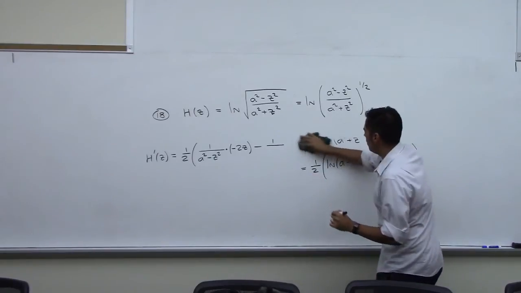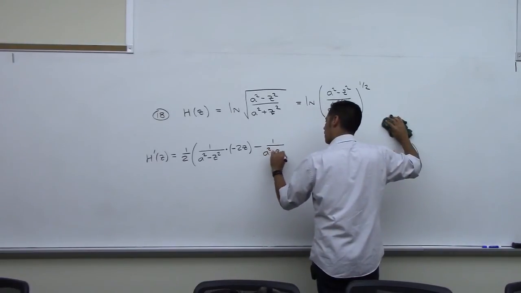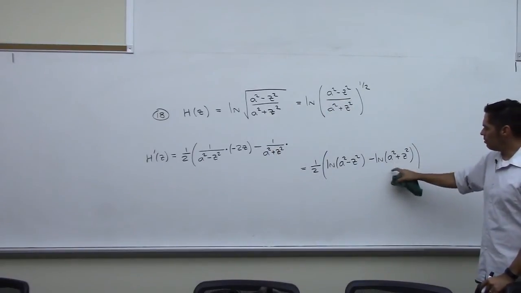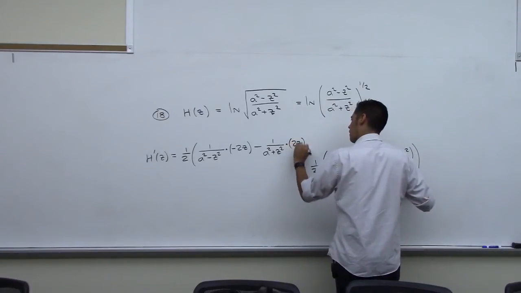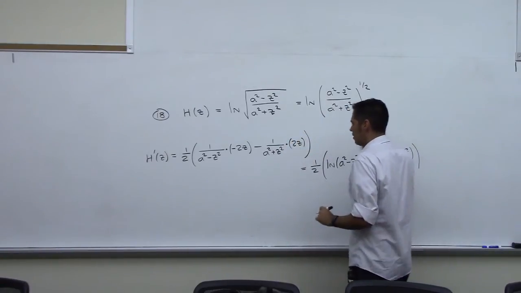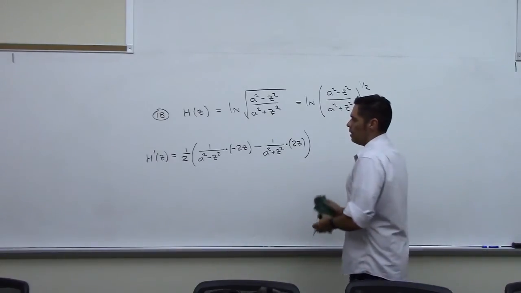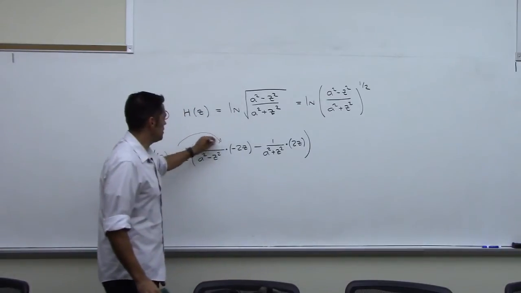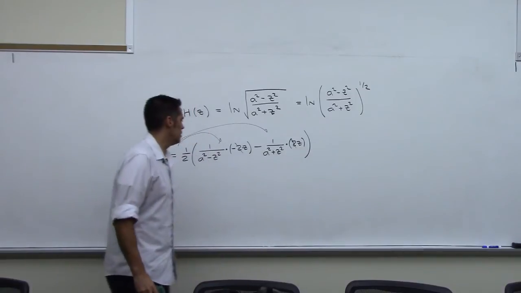Now we move on, minus the derivative of natural log of something is 1 over that something times the derivative of what's inside, 0, and then the derivative of that is 2z. And then all that's in parentheses because of that 1/2 out there. And if I distribute the 1/2 through to this thing and then to this thing, it's going to kill off this 2 and that 2.